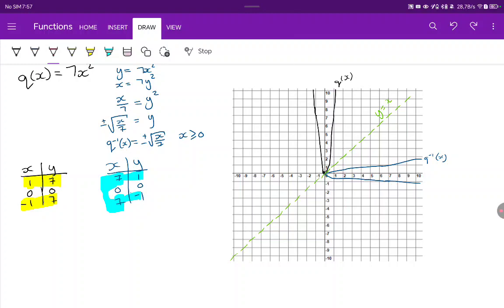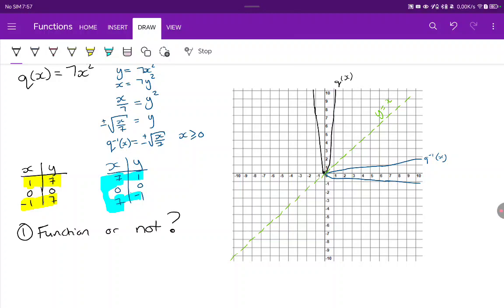Am I saying it the right way? Yeah, for every x value, there are two y values. Okay. Now, the first thing that you need to know is whether it is a function or not.